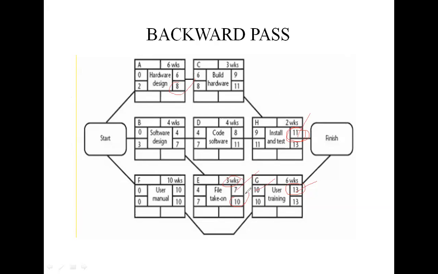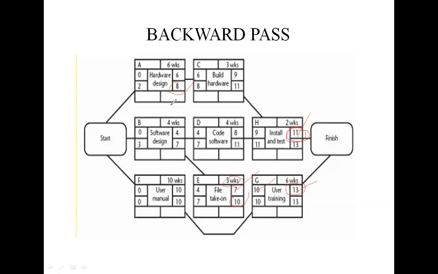Please refer to the textbook once again for clear understanding. If any doubt, please write a message in the chat box. So far we discussed adding the time dimensions. The network has been analyzed by carrying out the forward pass and backward pass.